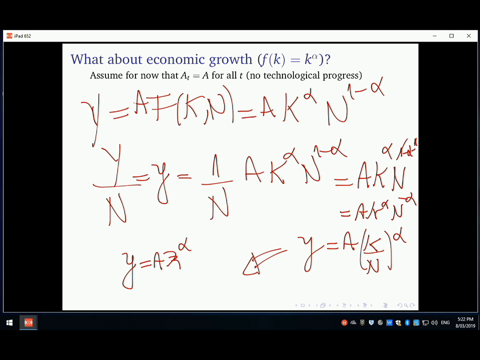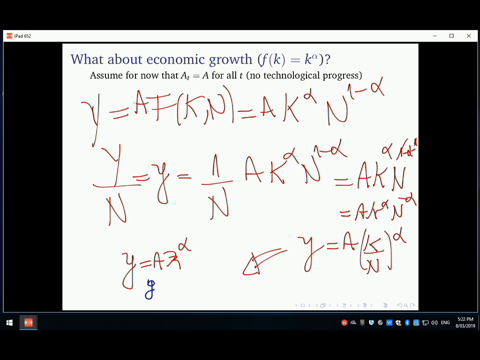So, what do we know about the long-run growth of GDP per capita, little y, in the long run? The growth of that y. And we also learned this in tutorials, I think. Yes.